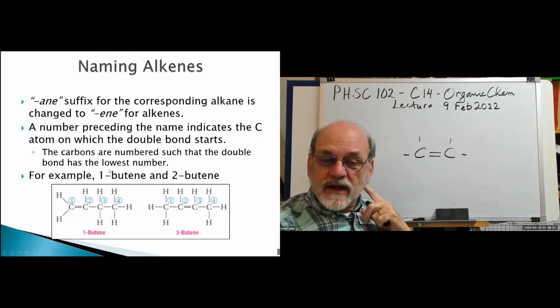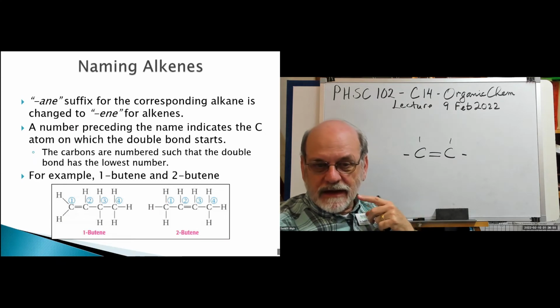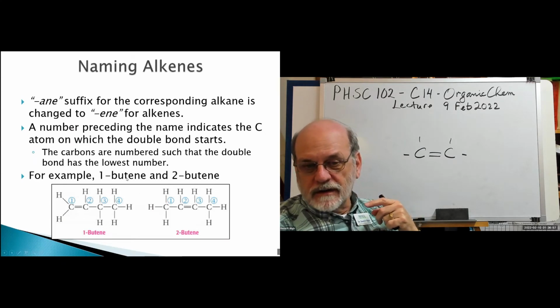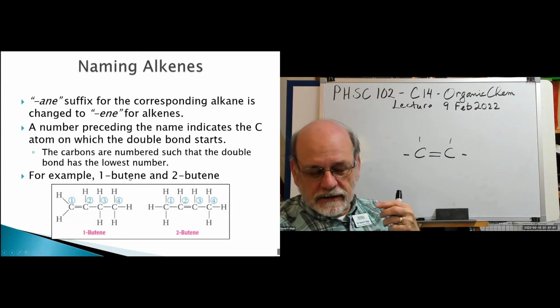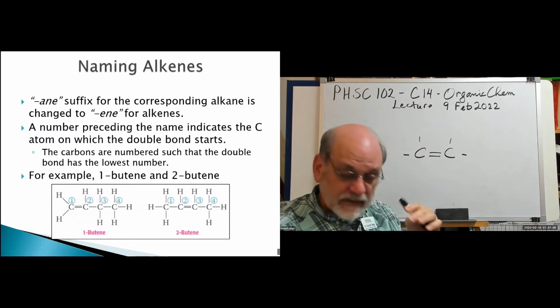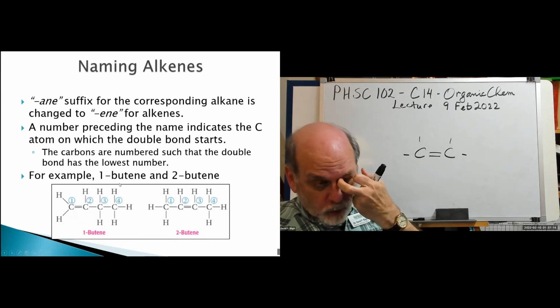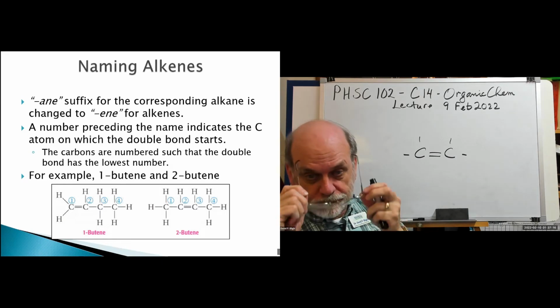So how do we say, where is that double bond located? If we prefix the root molecule, if we prefix it with a number, that shows where the double bond starts.